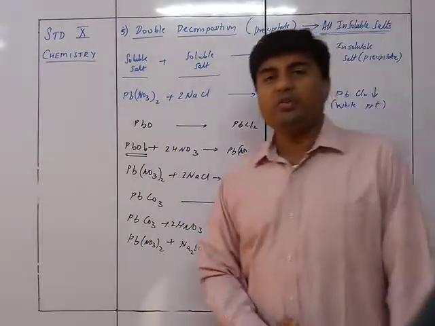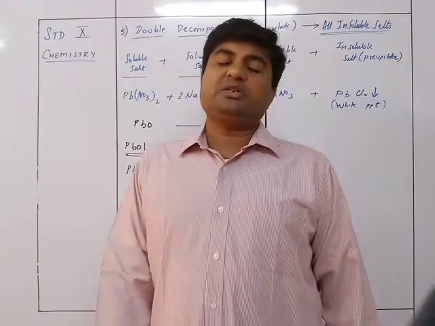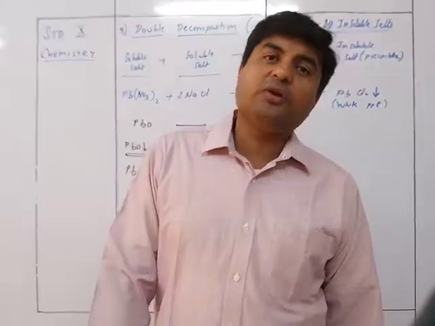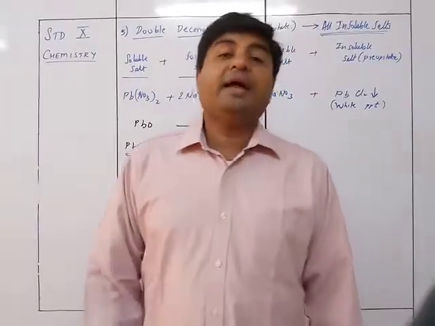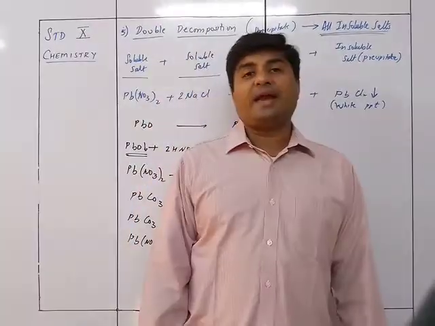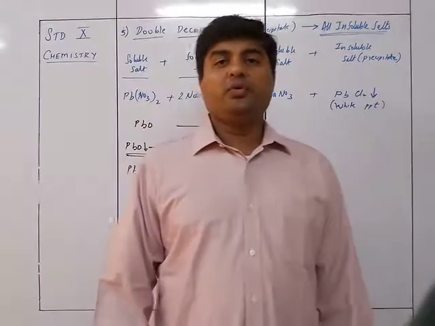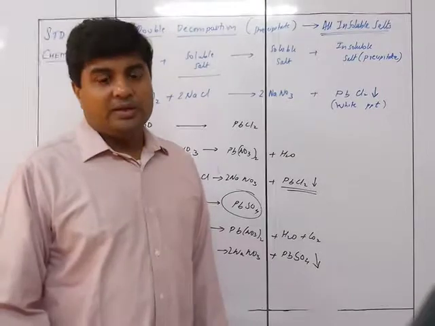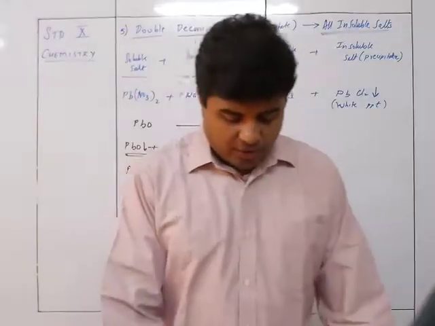So when you are using any insoluble substance, you first add acid to it to give you a soluble salt, and then that soluble salt is reacted with another salt to give you the resultant insoluble salt. So this is the preparation of salts.